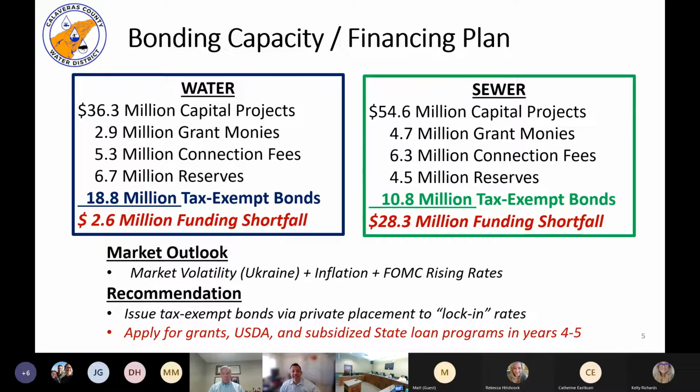So we came up with $19 million in tax-exempt bonds for the water side and $11 million in tax-exempt bonds for the sewer side. And we still have funding shortfalls on each side. We anticipate that we will be able to identify those in the near future, but those are the costs in years 4 and 5. Any questions at this moment?